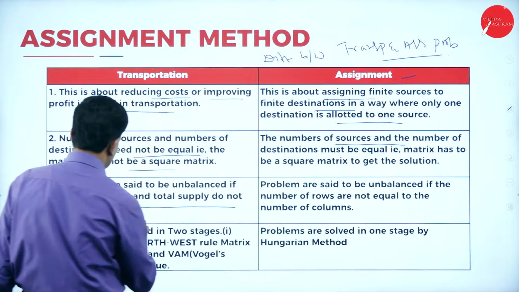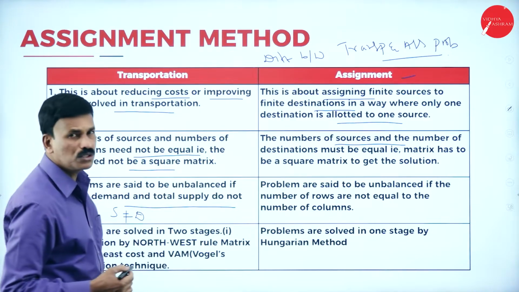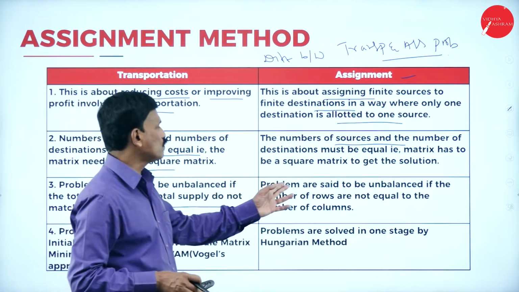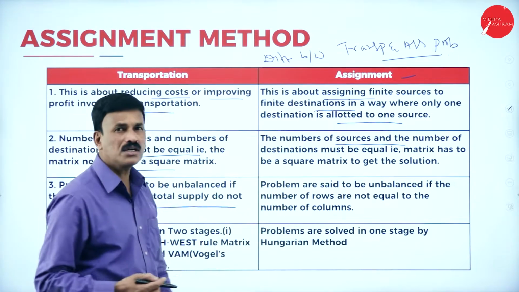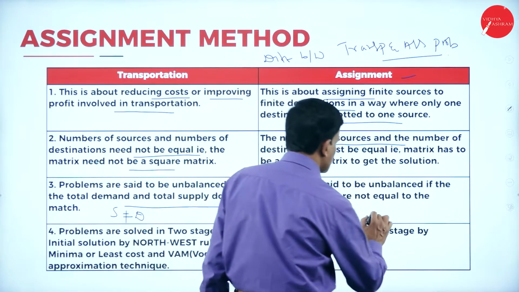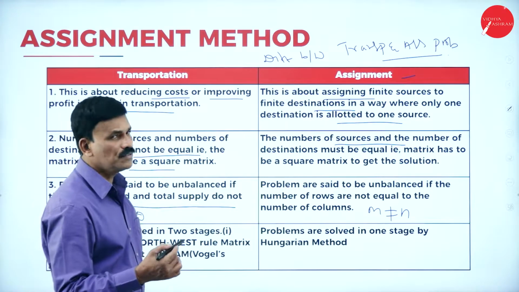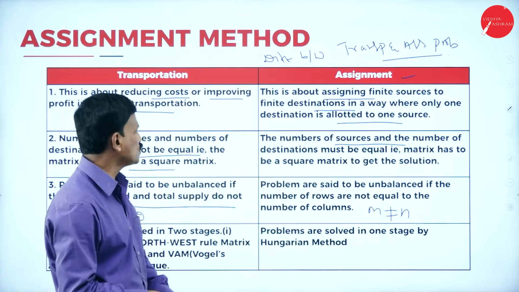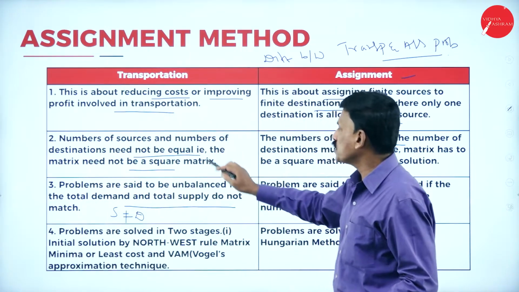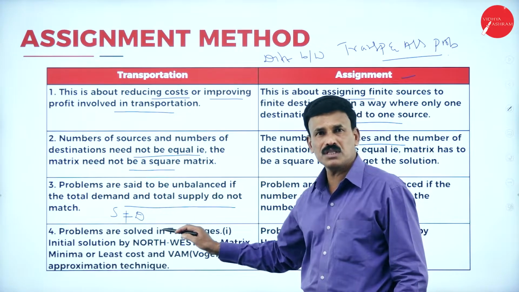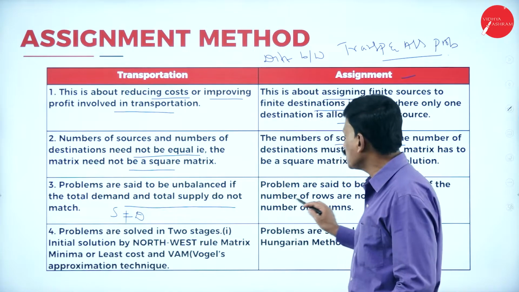If the total supply is not equal to the total demand, then it is called an unbalanced transportation problem.